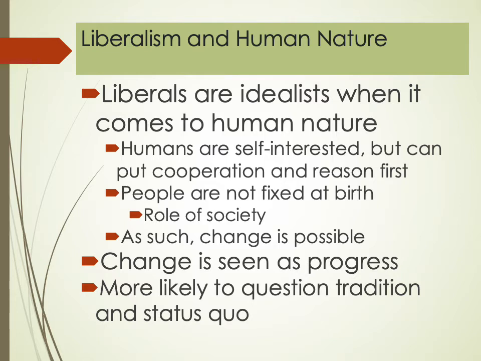And therefore, they are a lot more likely to question tradition and status quo. So remember with the conservatives, when it came to human nature, they were more like the way humans have always done it is the best way of doing it. Liberals are more suspect of tradition, and they see that change moves us in a progressive direction, and therefore they're more likely to question tradition and status quo.